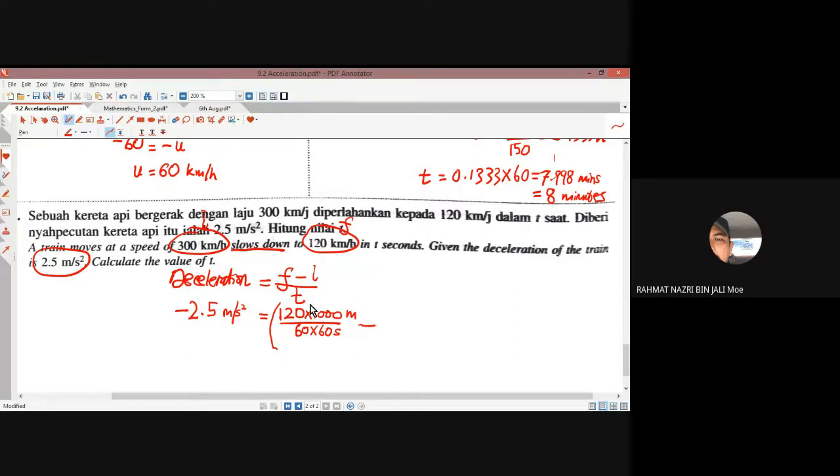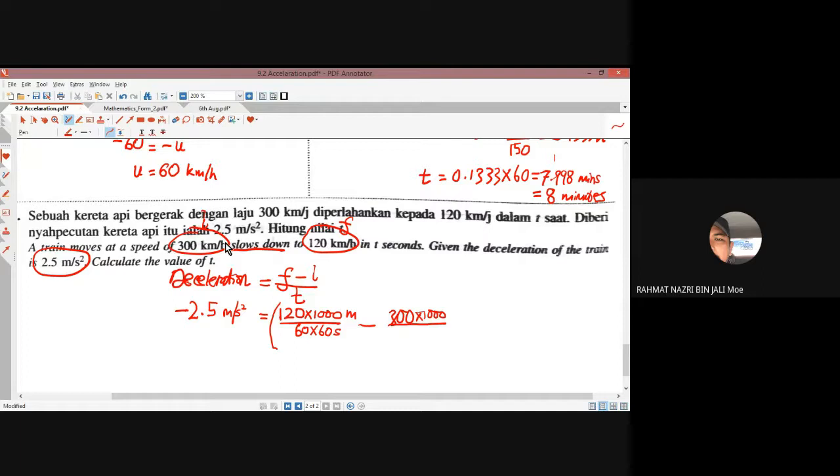Minus. The initial one is 300 kilometer. So kilometer convert to meter, multiply by 1000.